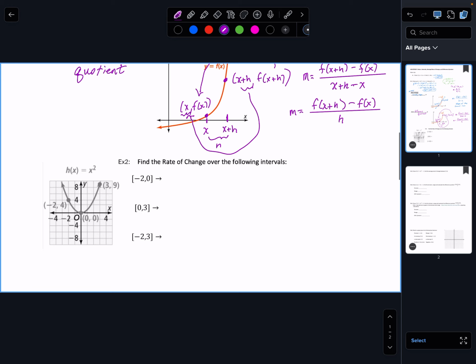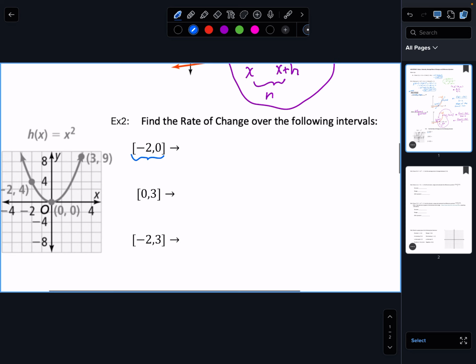Find the rate of change over the following intervals. Well, you have a function h of x, and they said over the following intervals. These are intervals. These are both x values. As x changes from -2 to 0, what is that rate of change?